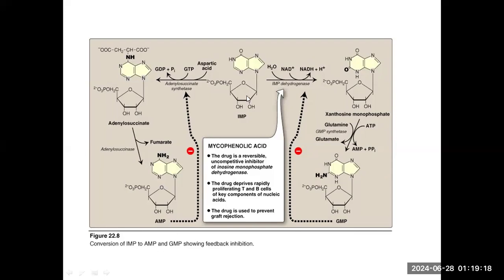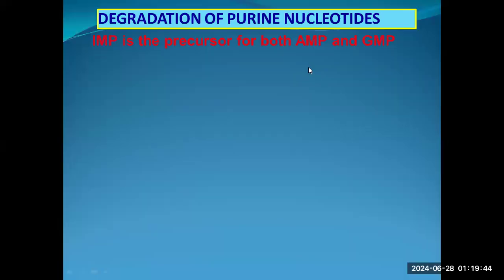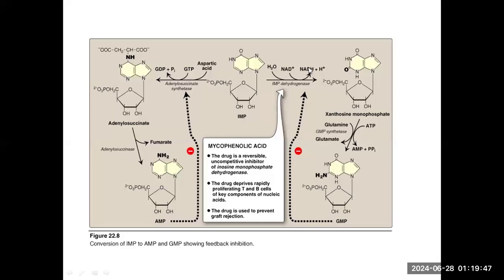Similarly, for GMP, IMP is first oxidized in the presence of the enzyme IMP dehydrogenase, and the oxidizing reagent is NAD, which is converted into NADH, the reduced form of NAD, and we get the formation of xanthosine monophosphate.